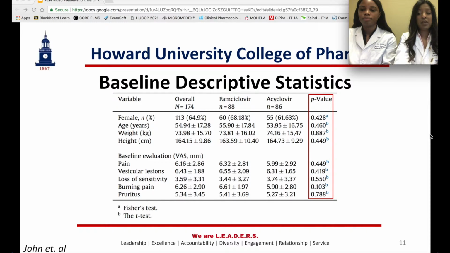And the mean baseline VAS scores are shown here at the bottom for pain, vesicular lesions, loss of sensitivity, burning pain, and itch. The p-values in the rightmost column are all greater than 0.05, meaning the differences between the two groups are due to chance alone. So there was no clinically significant difference at baseline.